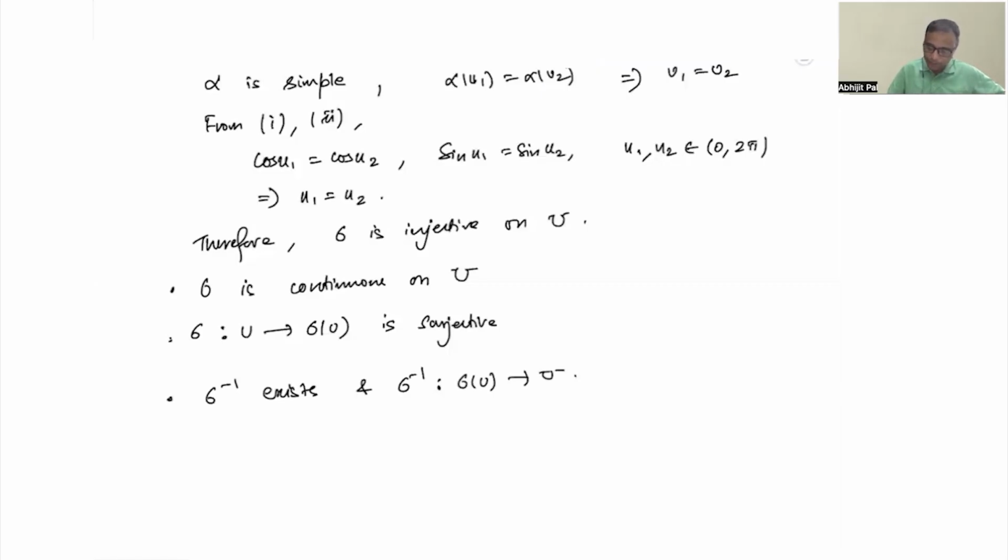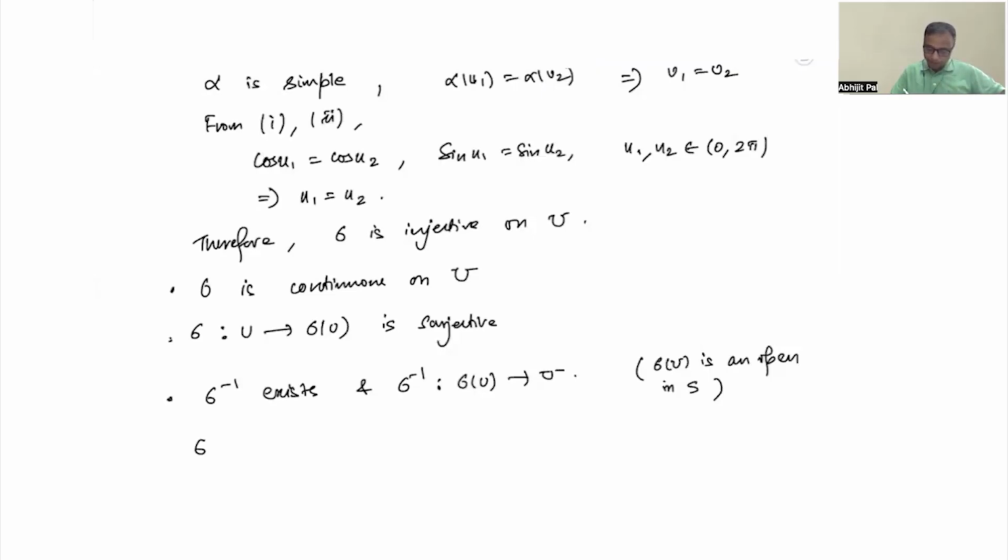Okay, so the sigma u is an open set in S. So sigma u is open in S. It is not open in R3. Note that thing. Okay. So now we have to show that sigma inverse is continuous.